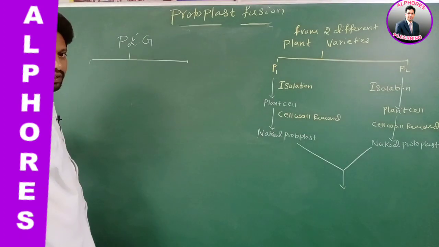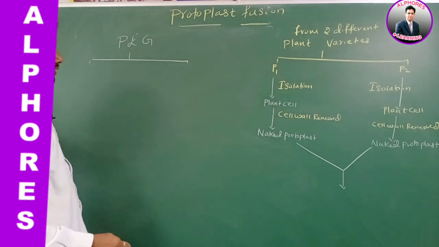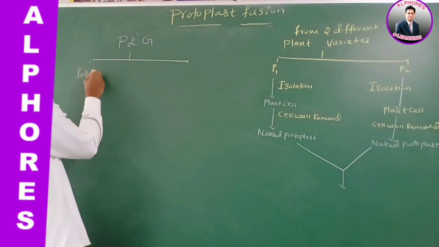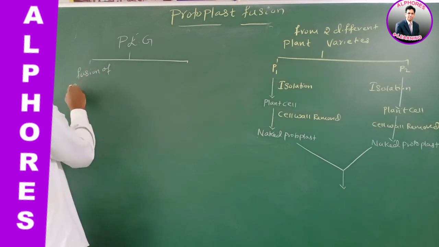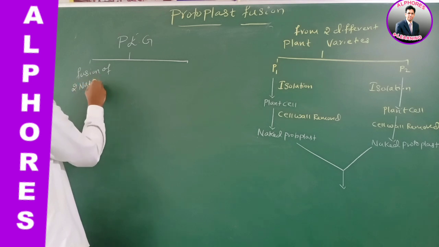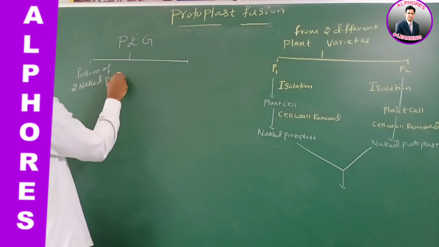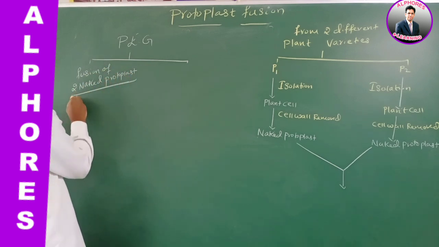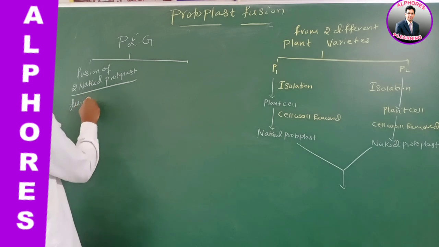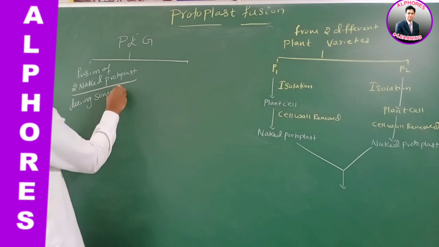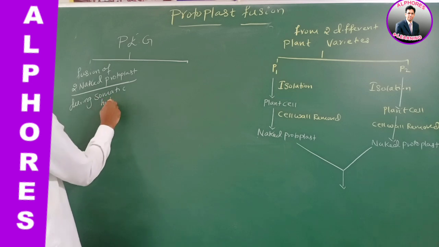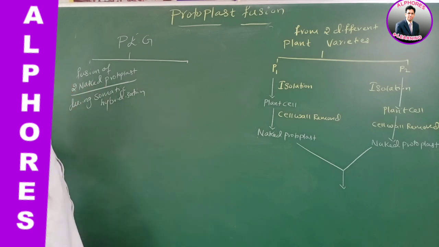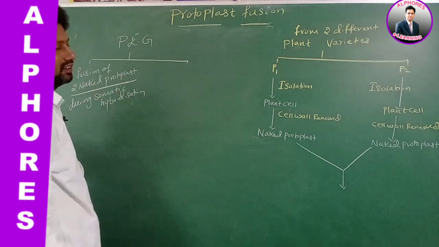Number one, it is used for fusion of two naked protoplasts during somatic hybridization. During which process? In the somatic hybridization process, two naked protoplasts are fused by using PEG.